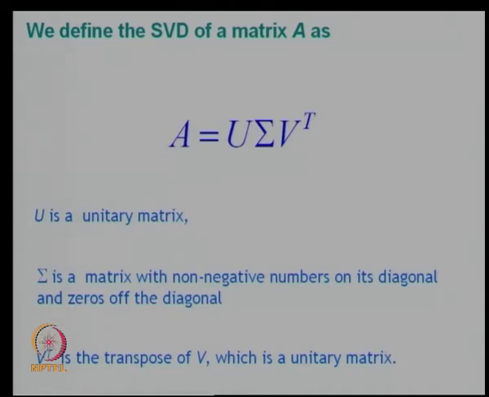U is a unitary matrix, V transpose, the transpose of V, is also a unitary matrix, and sigma is the matrix with non-negative numbers on its diagonal and zeros off the diagonal, okay. So in principle, if you have a matrix A, we can rewrite it as U sigma V transpose. How to do that I will explain afterwards, I mean how to practically calculate these sigmas, but let us assume that we can do this, is that okay?